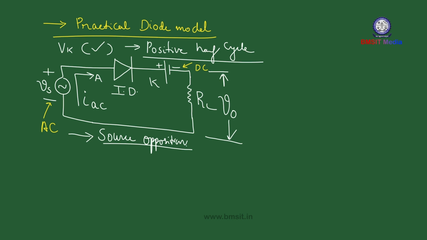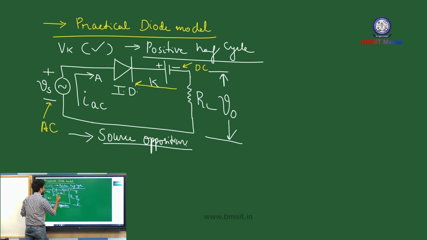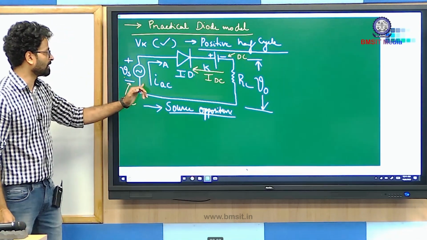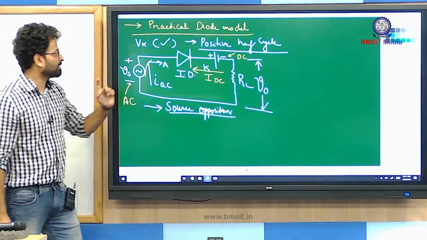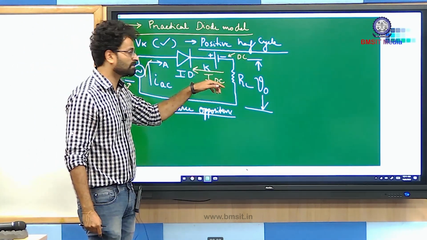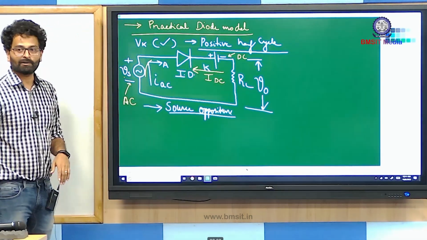On the other hand, the DC source tries to circulate the current in the anti-clockwise direction. So the AC source tries to circulate the current in the clockwise direction, and the DC source in the anti-clockwise direction.